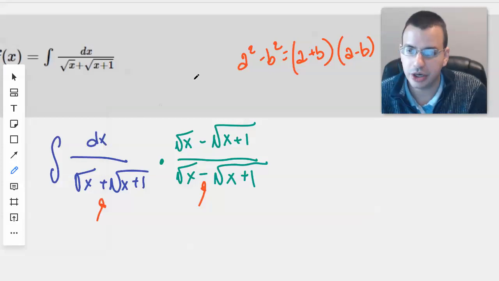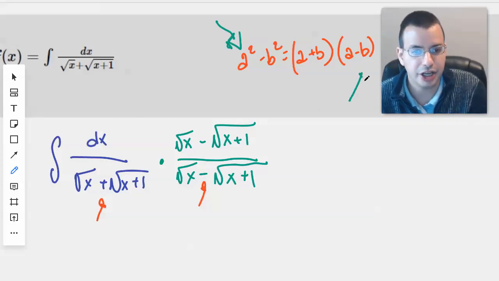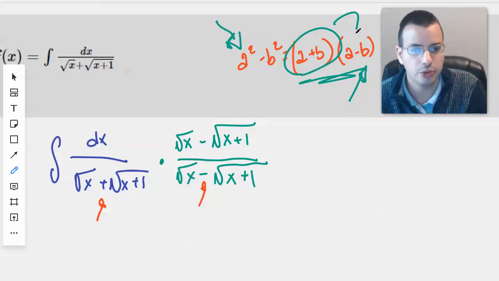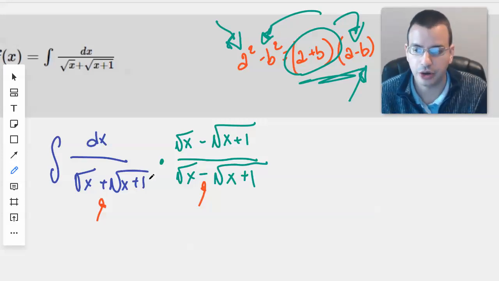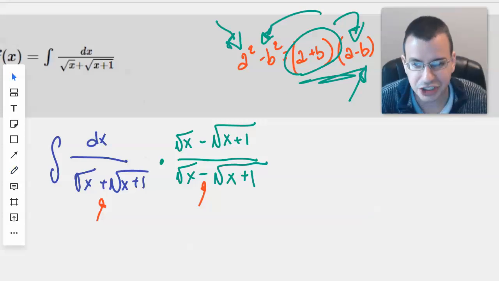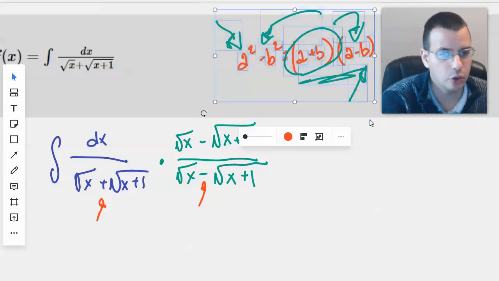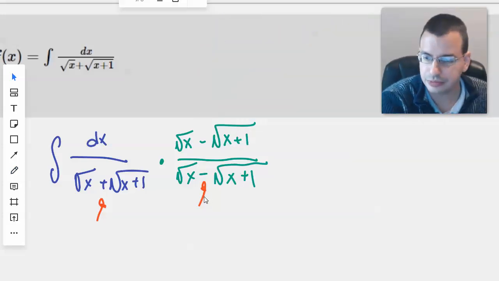Difference of squares is this side; multiplying by the conjugate is this side. We start with this, multiply by that, and get something like this, and those squares will cancel out the square roots. That's the general strategy.